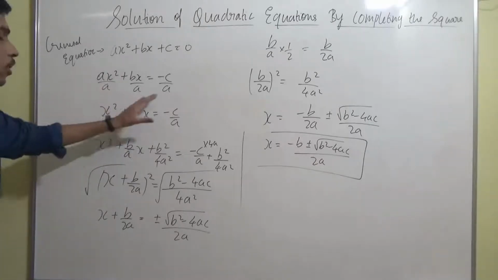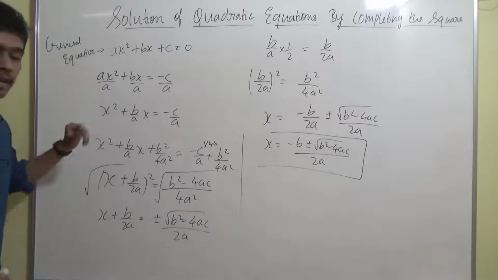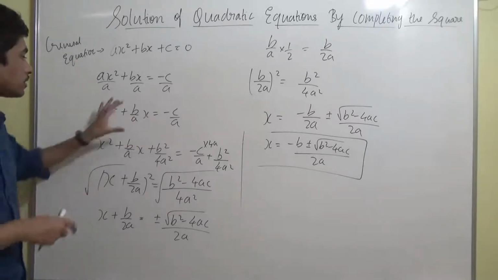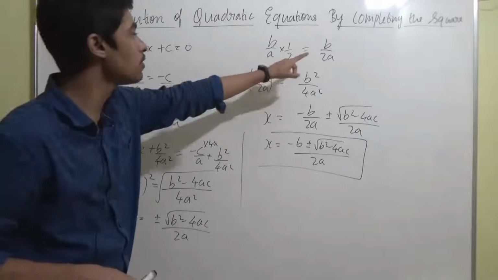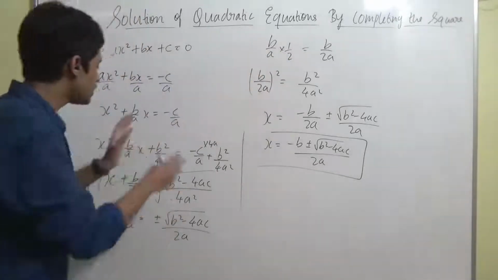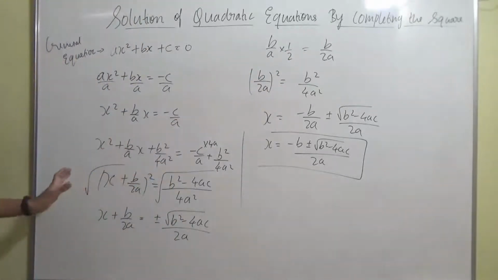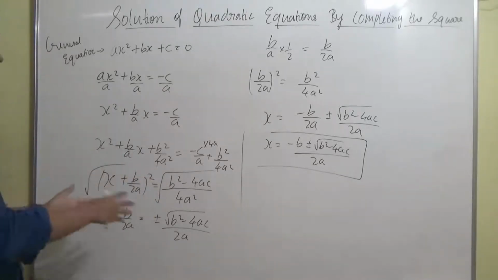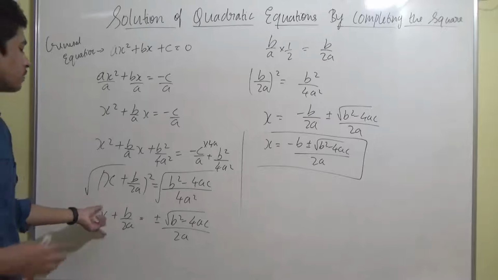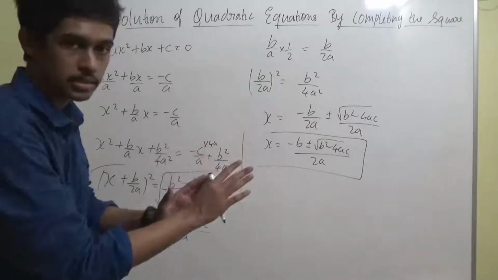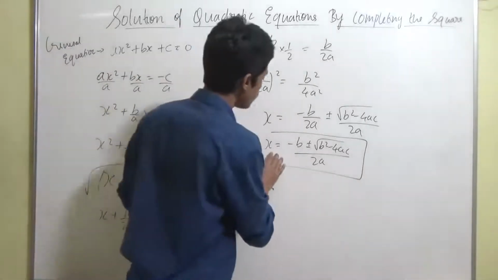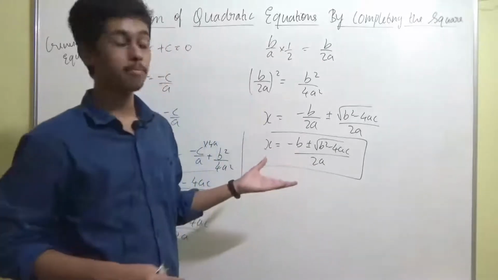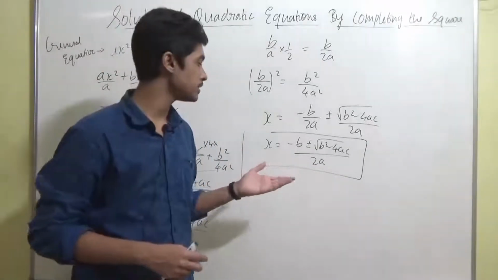We divided all the terms by a so that we have only the x square term, then we took the coefficient of x, halved it, squared it and added it to both sides, and wrote it in the form of x plus b by 2a the whole square equal to that term. Then we found the value of x by keeping all the terms on the RHS and x on the LHS, and found x to be minus b plus or minus root of b square minus 4ac by 2a.